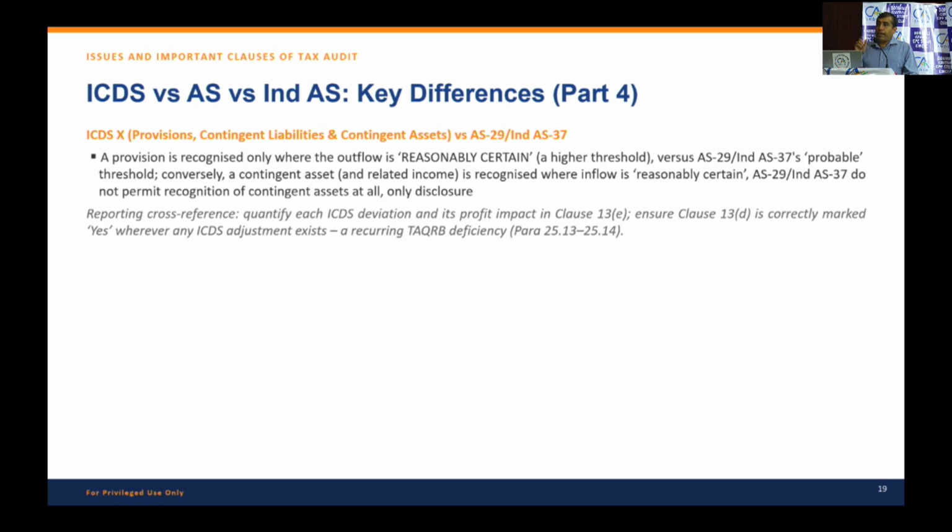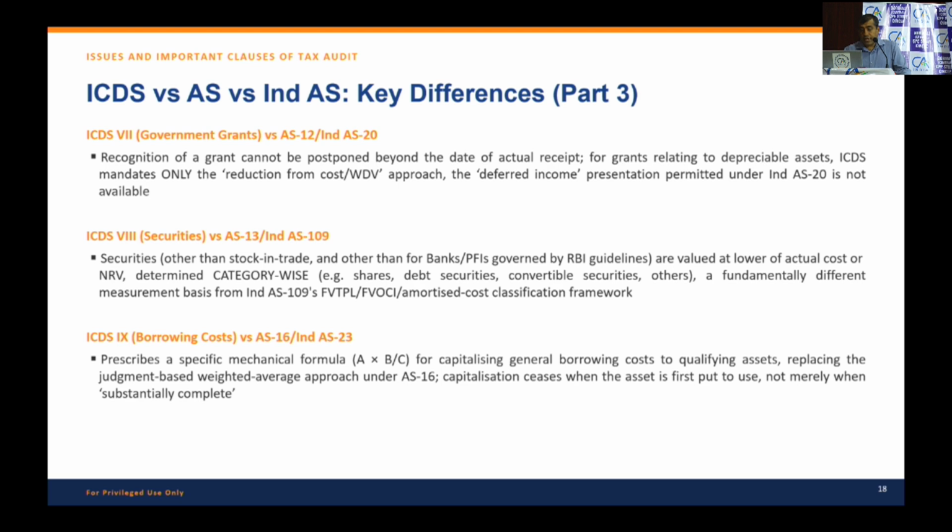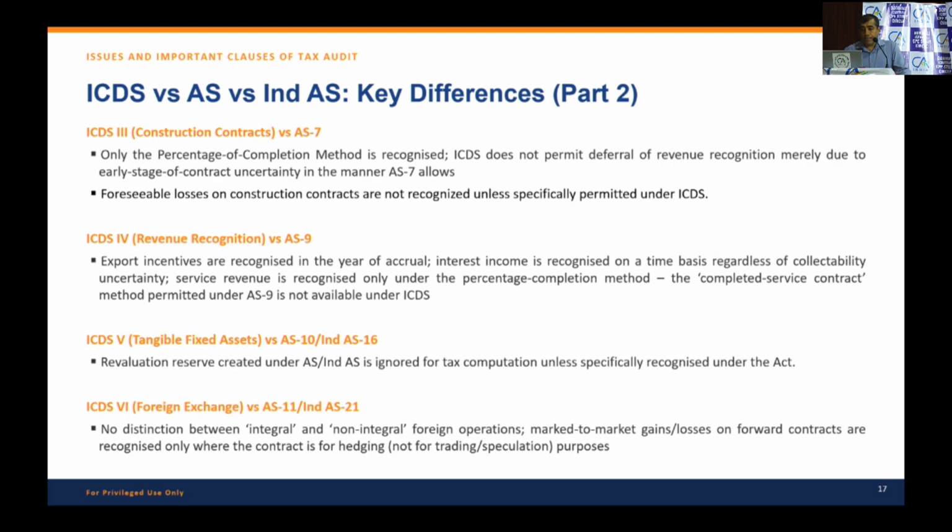Now let me come to a typical problem when you start reporting here. I'll give one classic example of tangible fixed assets: depreciation as per books in accordance with accounting standards, and depreciation as per IT in accordance with written down value. Is this a line item to be reported in ICDS 5?